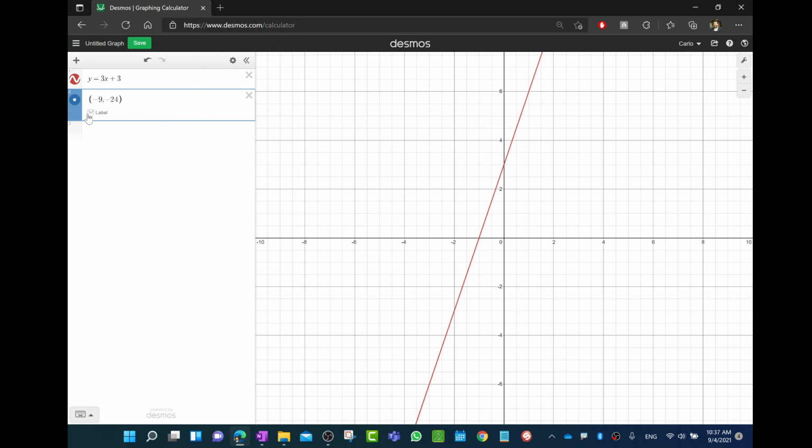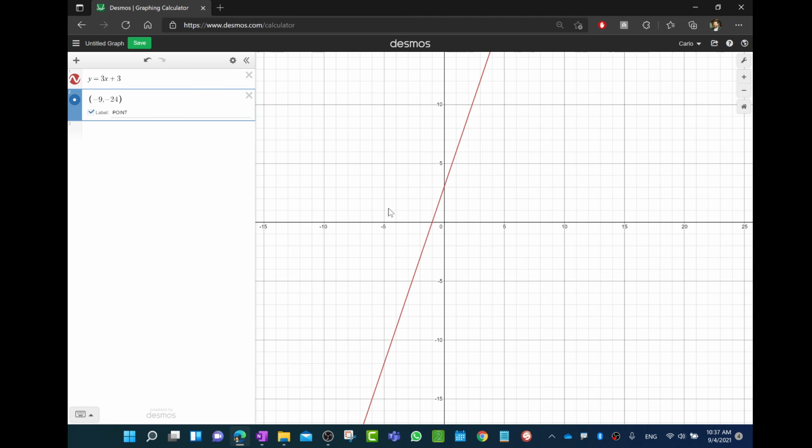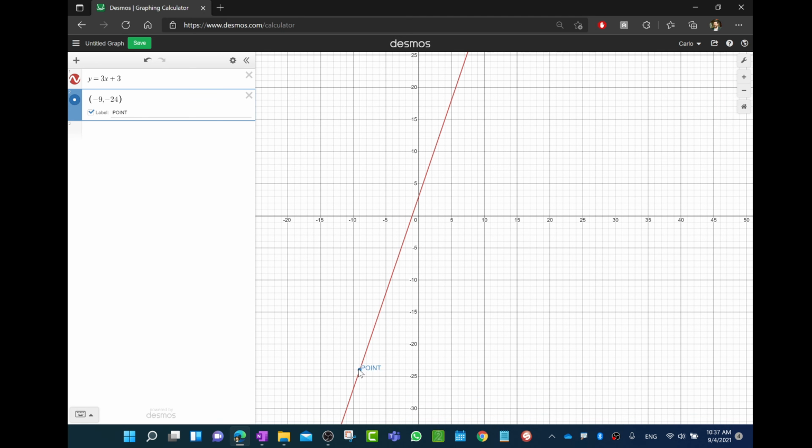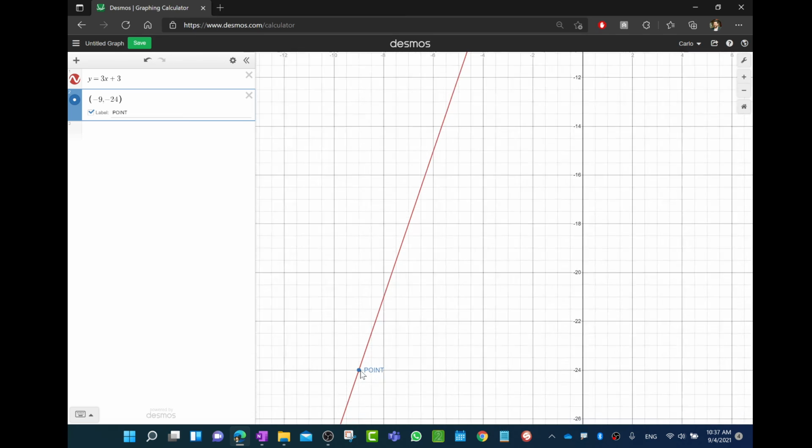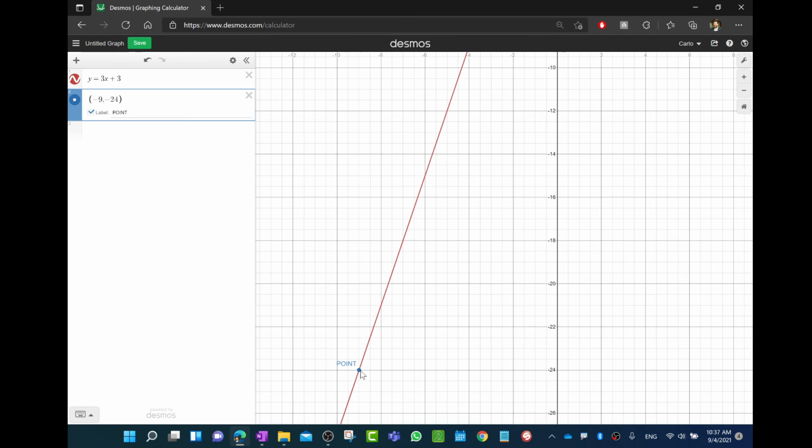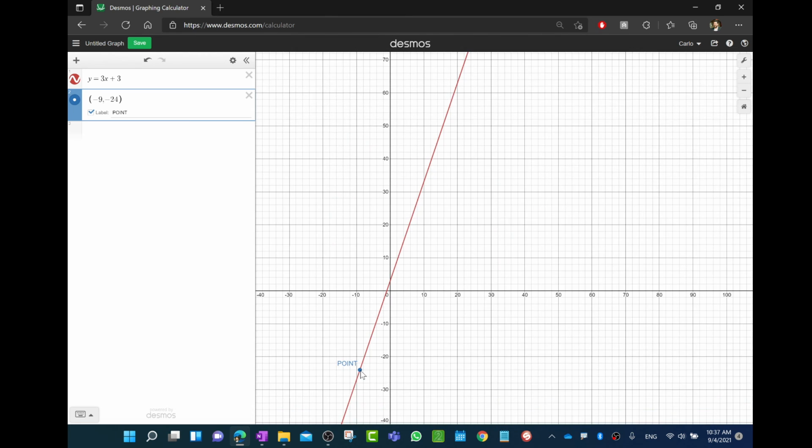And I'll label that the point. Let's zoom out and see. Look at that. There it is. So it's on the line, isn't it? And that's the point I was trying to make to you.